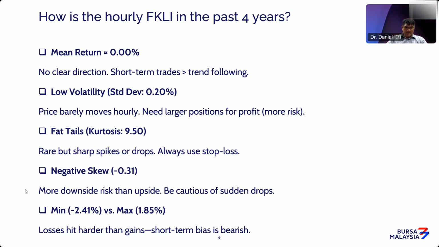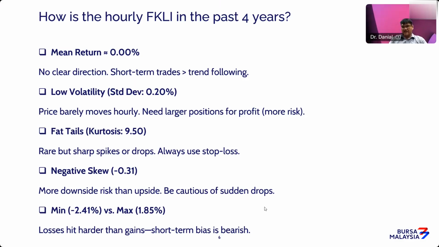And lastly, minimum negative 2.41 versus maximum 1.85. We will say that if things are not going your way, your positions have more chance of going wrong than giving you earnings.